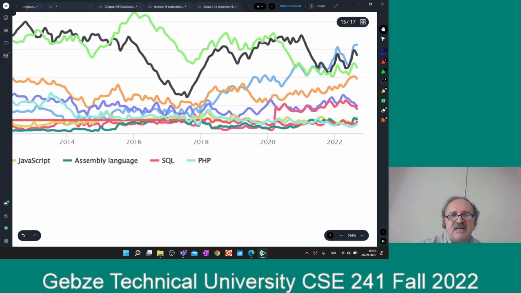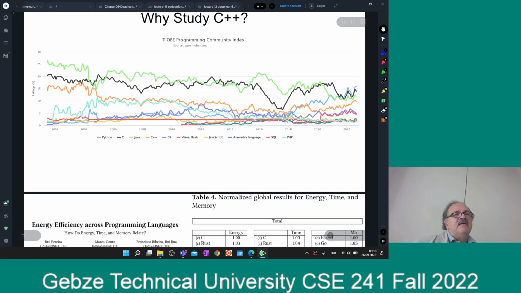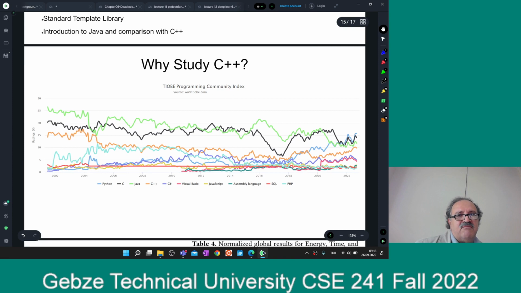C++ is kind of gaining again, but it is not going anywhere. The thing I am trying to tell you is that C and C++ and Java were popular 20 years ago. They are popular right now, and they will be popular in the foreseeable future. I'm not saying 20 years, but it will be popular. That's why, when we are looking at jobs and what kind of programming language you need to know, these are the programming languages.